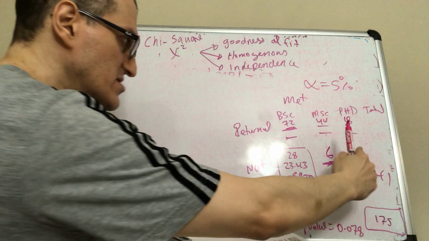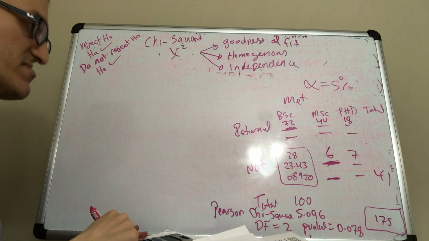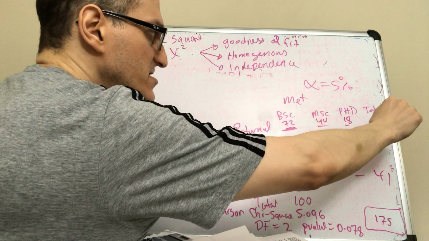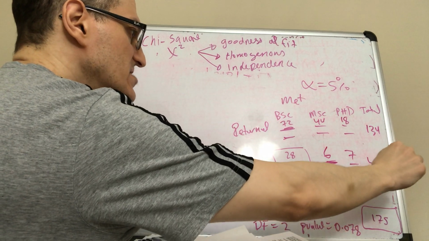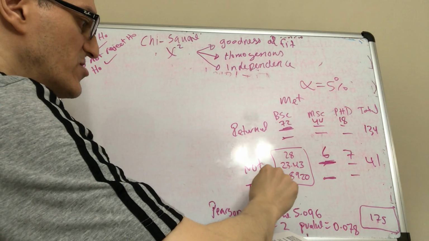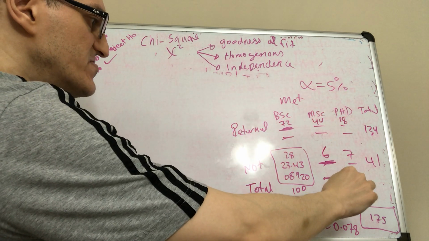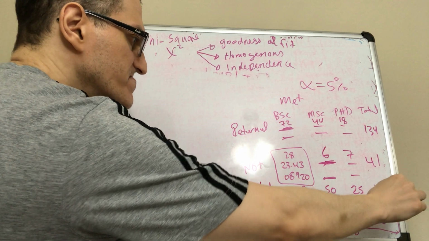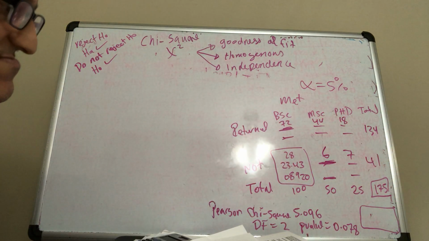And this number would be 7 and two more numbers. And also in the Minitab, you'll see that this number is given, the total here, 134. And the total here is given, 41. And also the total for each column: for this is 100, for this would be 50, and this would be 25, and the total of everything is 175. That's if you add the three numbers or if you add these two numbers.